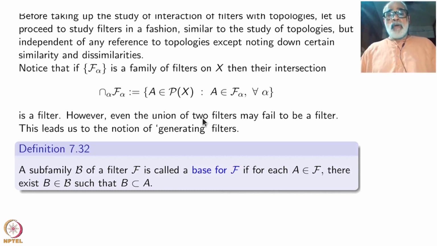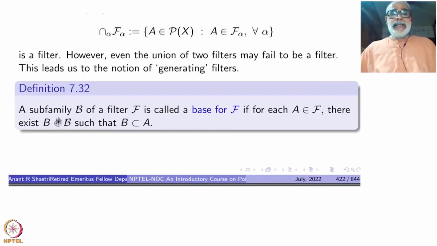Okay. However, we would like to do that kind of thing here, namely generating filters, just the way we have done generating topologies. Okay. A subfamily B of a filter F is called a base for F if for each A inside F there exists a B belonging to B such that B is contained inside A. This is very, very similar to the definition of a base for a topology.